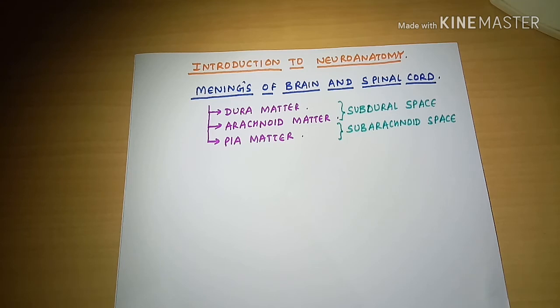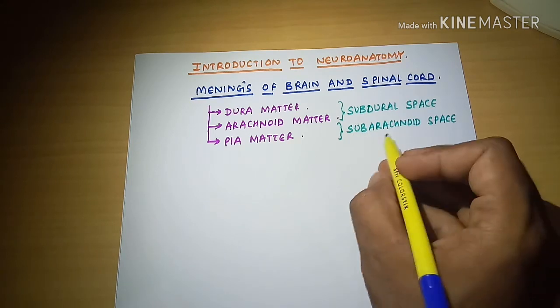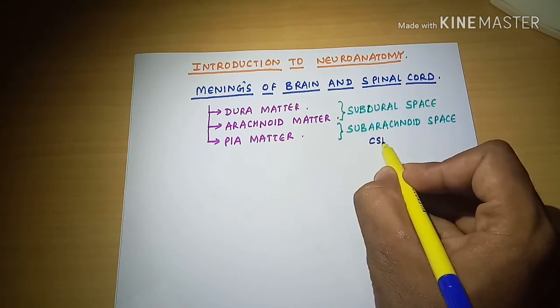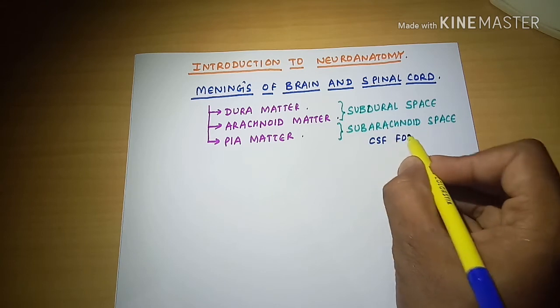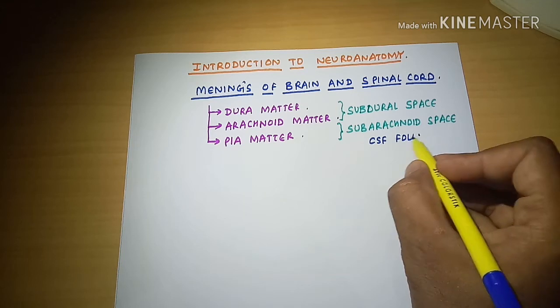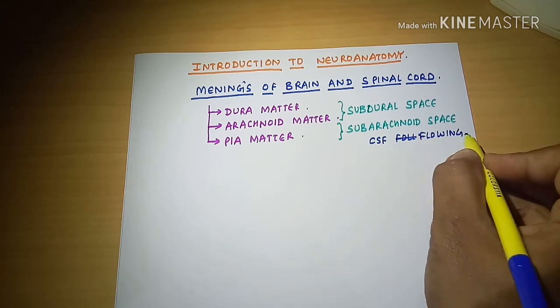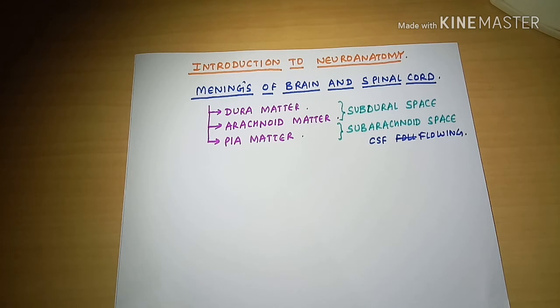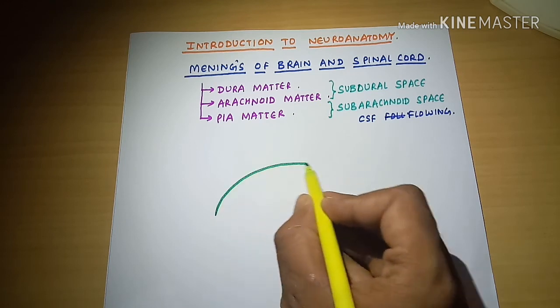In the subarachnoid space, the CSF is flowing. The cerebrospinal fluid is formed and flowing here. So in general, if this is the brain, I'll roughly draw the brain here.